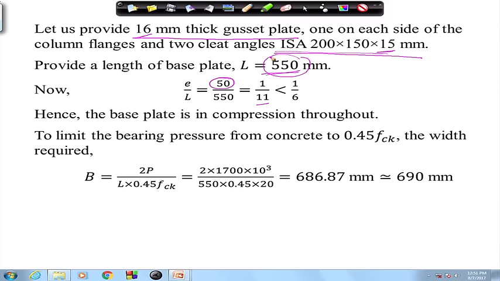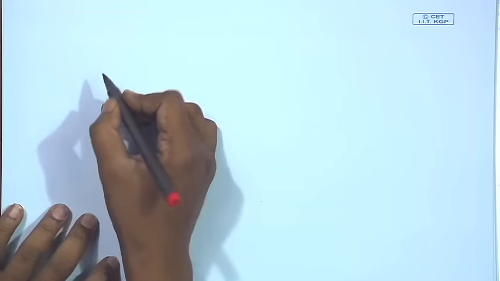If we consider this length, E by L becomes 1 by 11, which is less than 1 by 6. If it is less than 1 by 6, then I can find the pressure diagram like this.